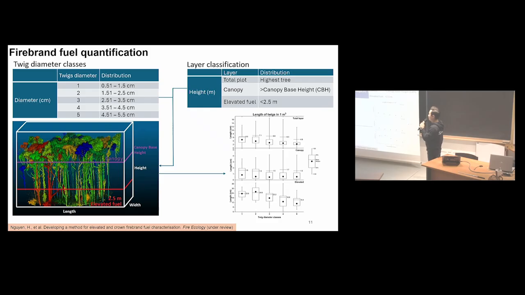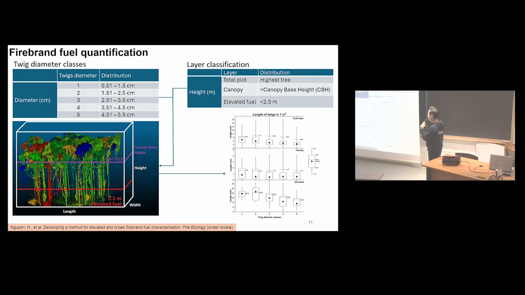From that, we divide the amount of fuel by the volume. Then we can estimate the length of the twig in 1 cubic meter, categorized into 1, 2, 3, 4, 5. This one is for twigs, but I have the results for candlebark and stringy bark as well.